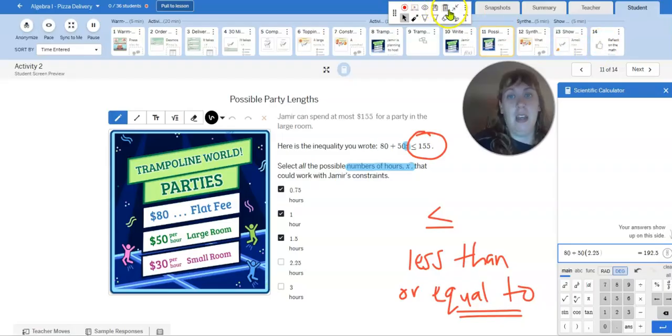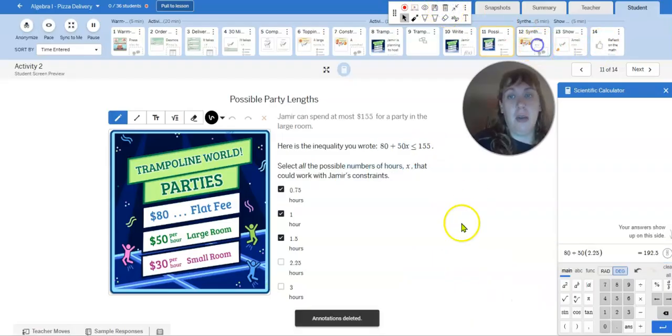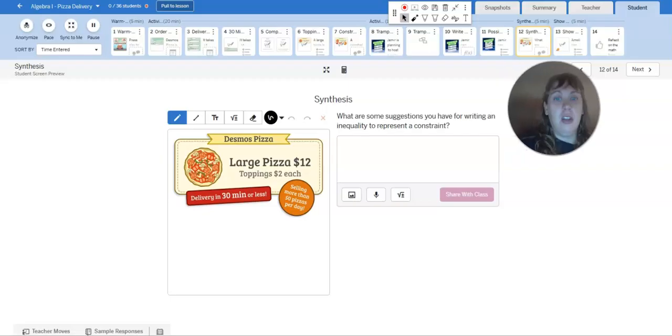Beautiful. Let's move to slide 12. What are some suggestions that you have for writing an inequality to represent a constraint? So if we're looking at these constraints, what are some suggestions that you could give to someone for writing those constraints?